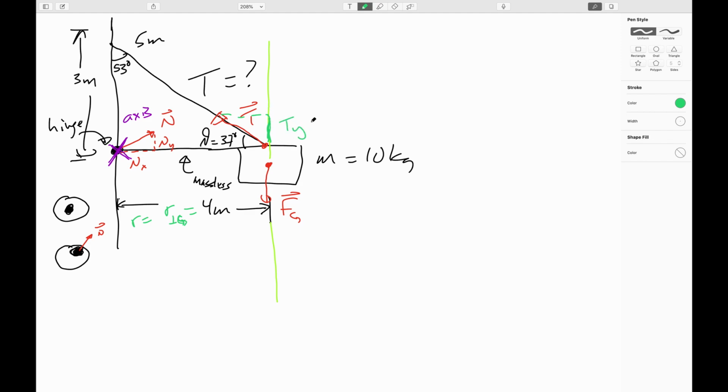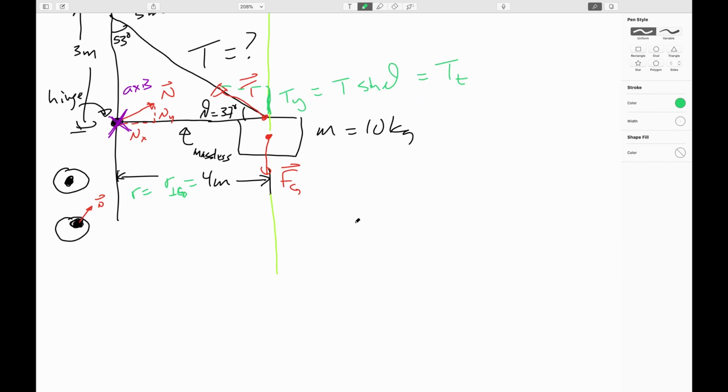So Ty here, which is equal to T sine theta, is also the tangential part of the force due to tension, because this is the piece that's actually trying to make the whole assembly spin around the axis counterclockwise.